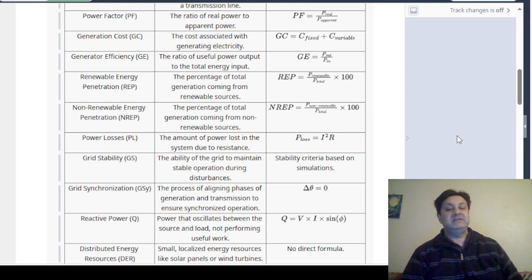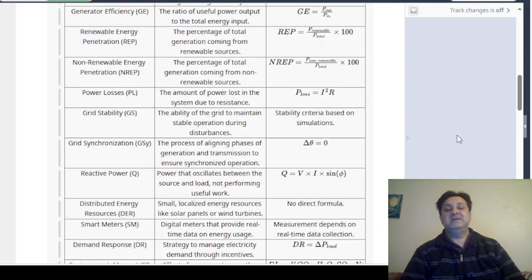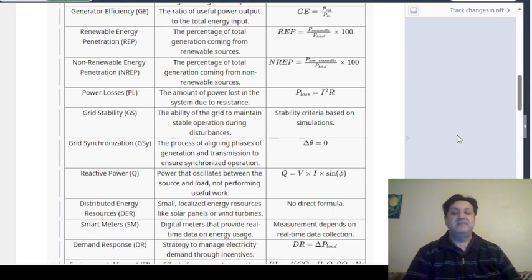Then renewable energy penetration is important, the percentage of total generation coming from renewable resources. Usually, is it more from the fuel generators or from the hydro? We have to see how much is the percentage of renewable energy penetration. Then the non-renewable energy penetration, like the fuel generators or the hydros, the percentage of total generation coming from non-renewable resources.